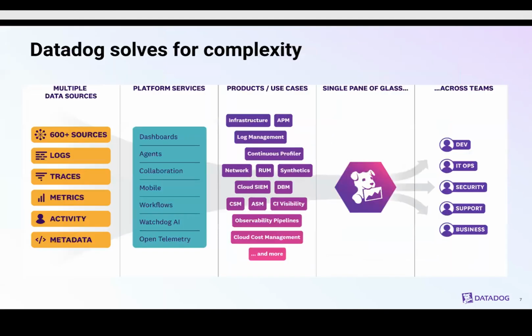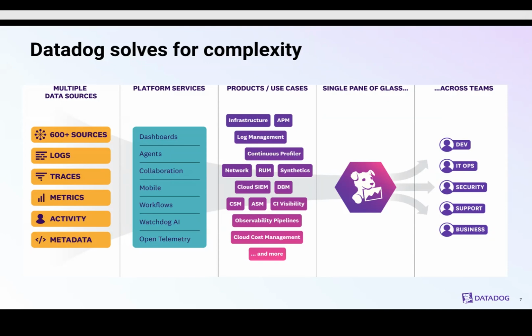So Datadog solves for complexity. The main thing when we speak about observability is the importance to see into everything: the multiple data sources, logs, metrics, traces, the activity, and multiple integrations across many different environments.